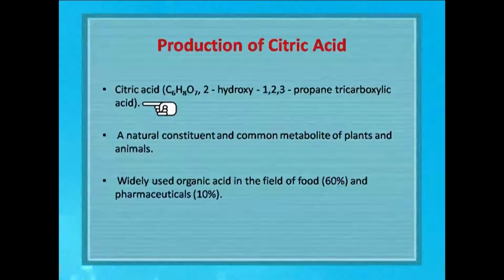And this metabolite is produced by all living organisms. But what is important is that this is produced by microbes which are not always utilized. So naturally this can be harvested for animal use or human use. And technically 60% of citric acid may be used in the food industry, 10% in pharmaceuticals, and the other 30% in other different types of industries.